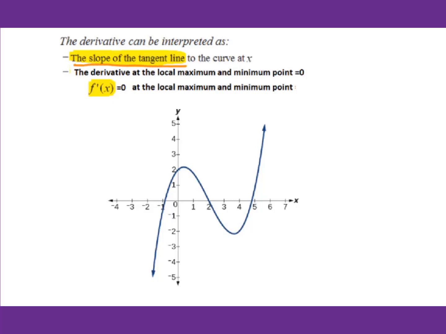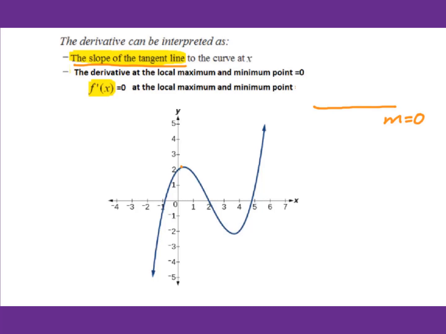In what situation is the derivative equal to 0? Think about it. The derivative means the slope of a tangent line. When the tangent line is a horizontal line, then the slope equals 0. Look at this graph.